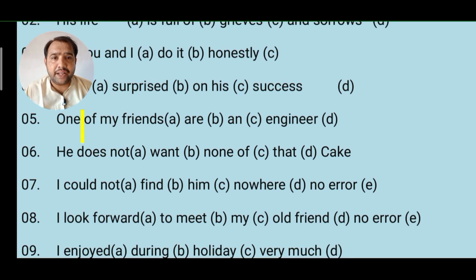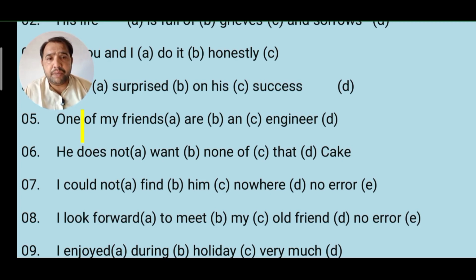So in this sentence we should say I could not find him nowhere, but when we are going to make it positive we have to say nowhere. Suppose if we say I could find him nowhere, it should be correct. But when we are going to make it negative, then we have to replace nowhere by what? Anywhere. So we should say I could not find him anywhere.